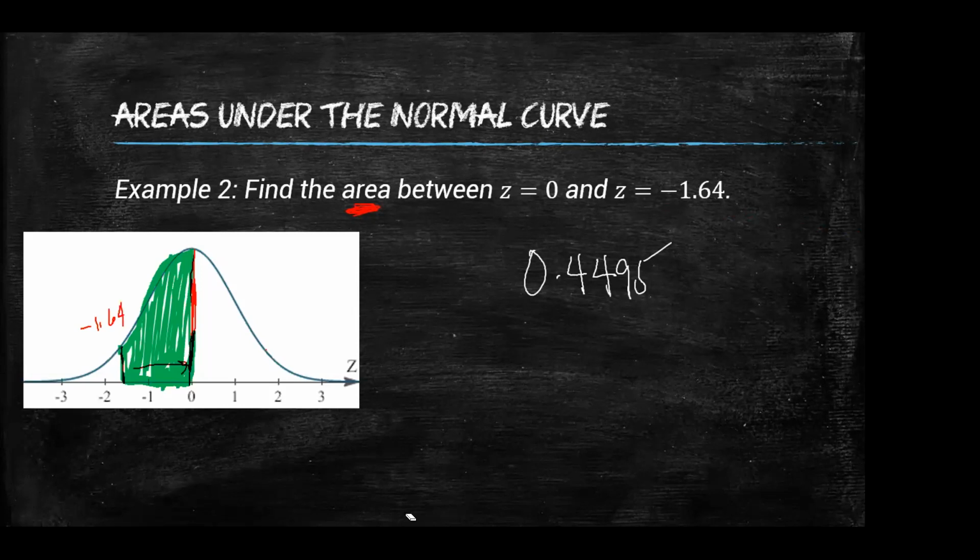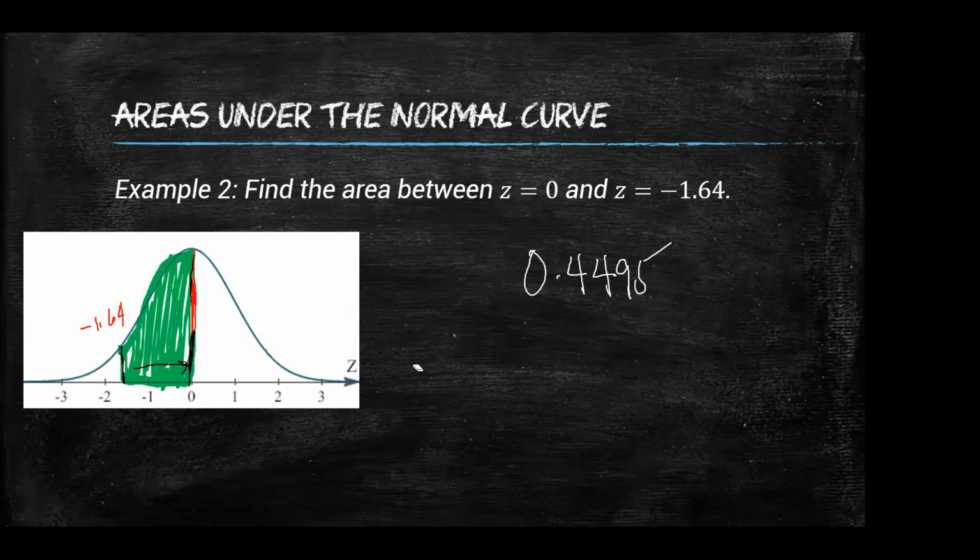Okay po? So, ito siya class, kapag hinahanap yung area with z-scores between 0 and ng isa pang z-score, kung may 0 na siya naka-partner, kung ano yung value doon sa table, yun na yun agad.